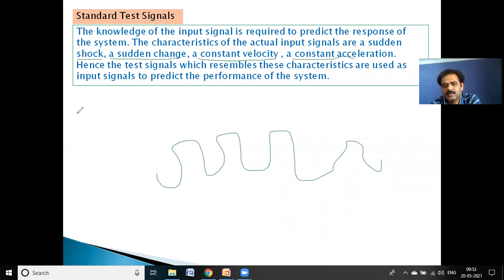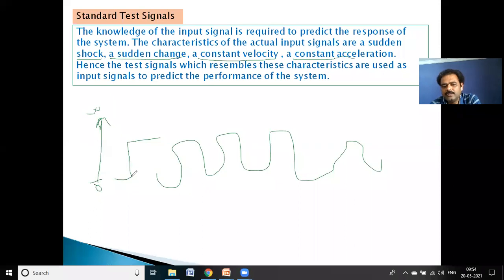A sudden shock means it is suddenly raised to a peak value, within no time it reaches a maximum, infinite value.